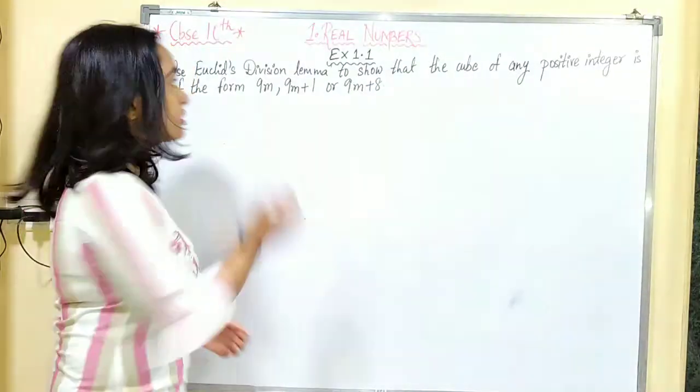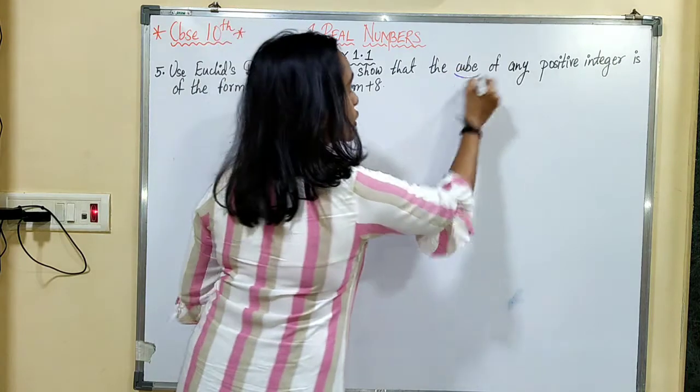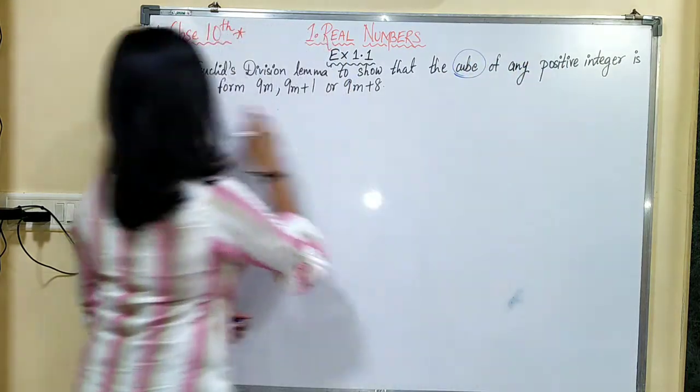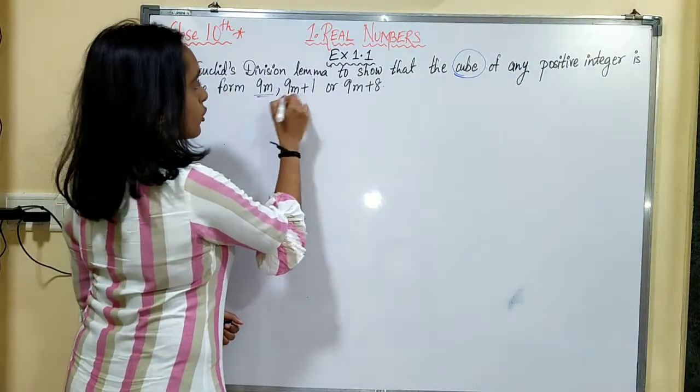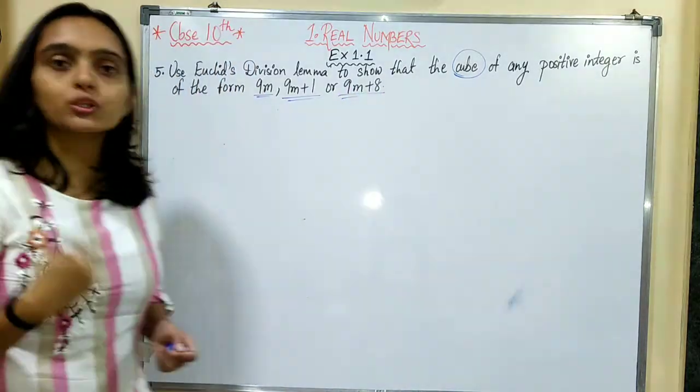Now the fifth question, use Euclid's division lemma to show that the cube of any positive integer is of the form 9m plus 1 or 9m plus 8. It is similar to the previous sum.